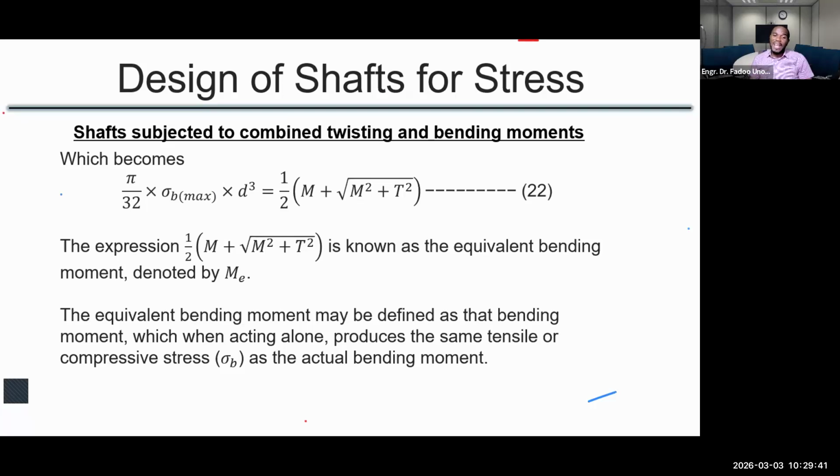And we define it as that bending moment which, when acting alone, has the same tensile or compressive effect as the actual bending moment that the shaft is experiencing. Of course, it is combining both what is happening from the transmission of the torque and just the ordinary bending moment that the weight of the transmission elements produces on the shaft. Is that okay?